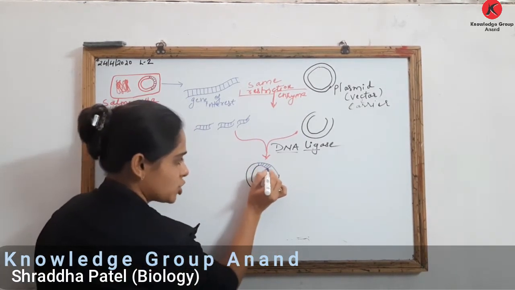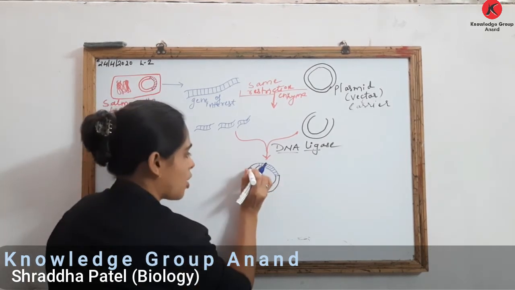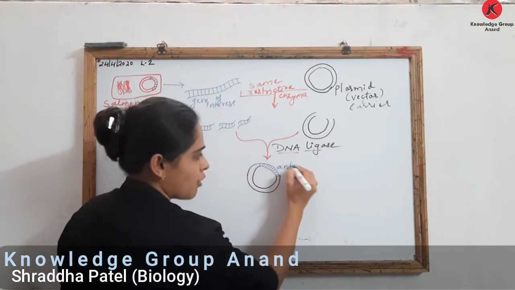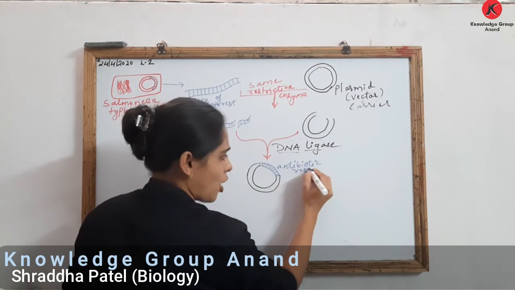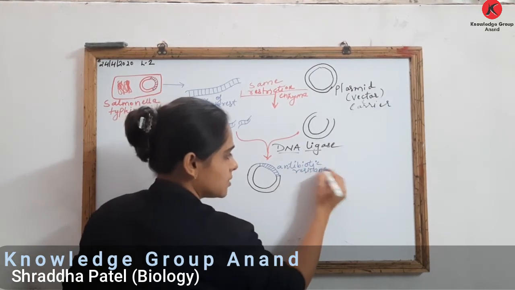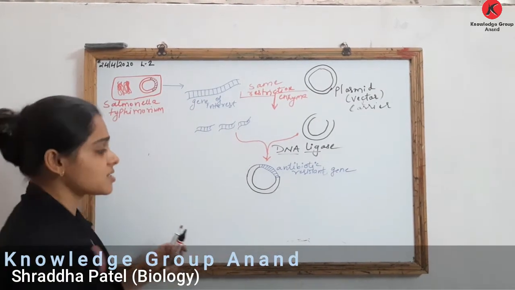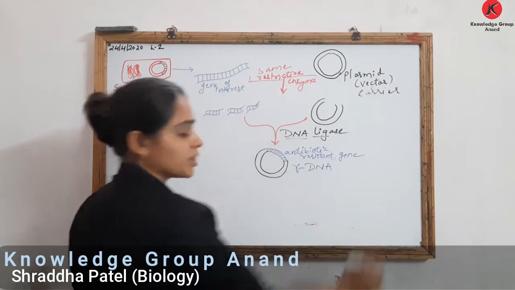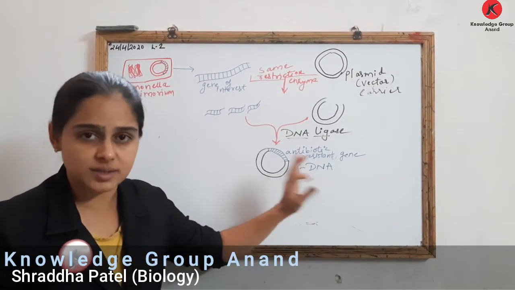Now, this plasmid, this vector, with it who has integrated? Our gene of interest, that is your antibiotic resistant gene. Yes or no? Yes. And this is called your recombinant DNA. Simple as that.